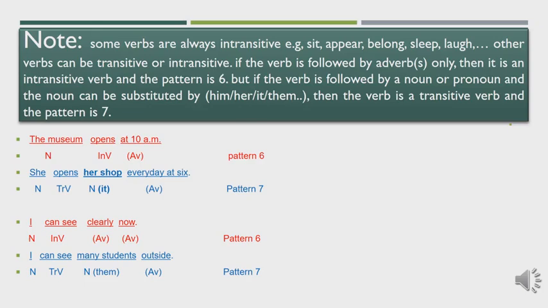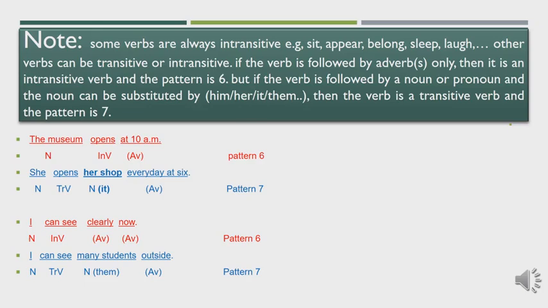But in the sentence, "I can see many students outside," can see is followed by many students. Many students is a noun phrase, so it is N. And this is the object of the sentence. In order to be sure, I can substitute many students with the object pronoun them. So the sentence will be, "I can see them outside." And it is correct.